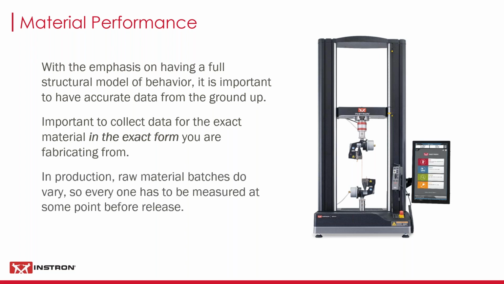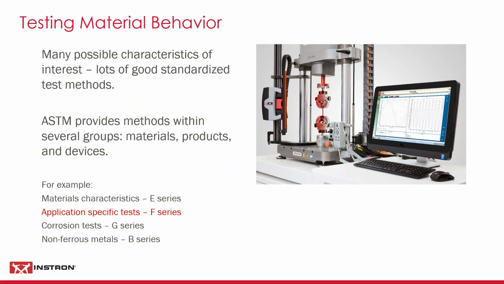But practically, a lot of people do batch release when they get new material in. The point of this is that raw material batches do vary, even in the very carefully controlled materials production processes which are used for biomedical products. But it still comes back to you've got to measure every one at some point before release.